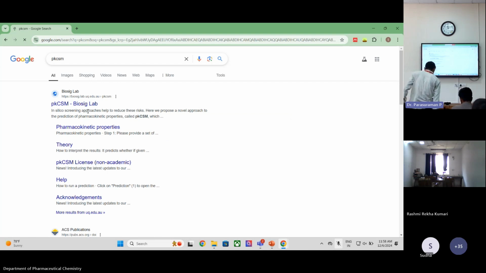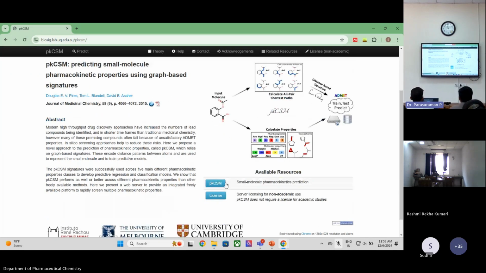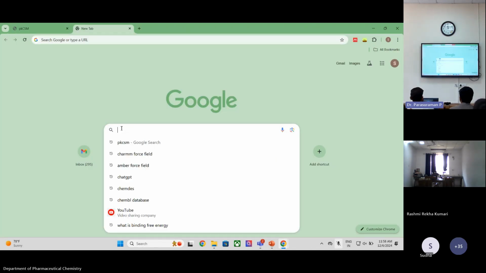You can type pkCSM, and you will get the first website that you have to click. As I told you, you'll get this window. So you can click over here on pkCSM. Once you click, you will get this window. Now you have to upload your SMILES. First, you have to create the SMILES, so you can go to PubChem or something.